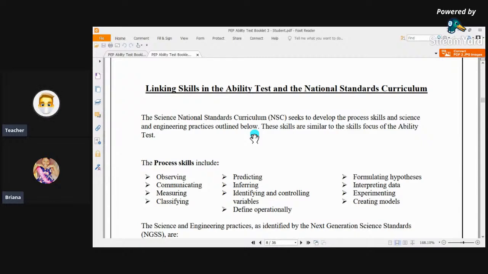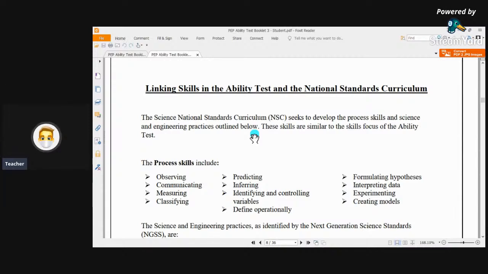It can pull from anywhere, the scenarios that will be used to draw logical conclusions or reading for meaning, all of that. All right. So again, the science NSC seeks to develop the process skills and science and engineering practices outlined below. These skills are similar to the skills of focus of the ability test.